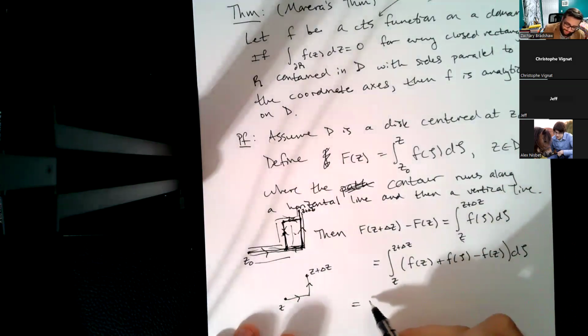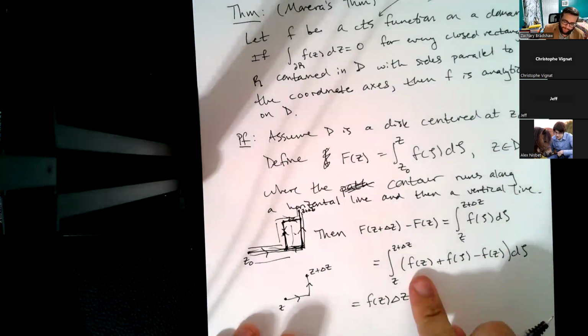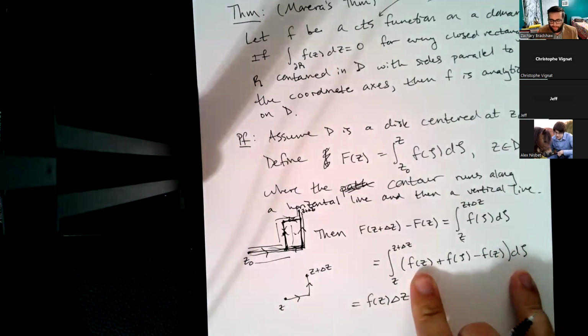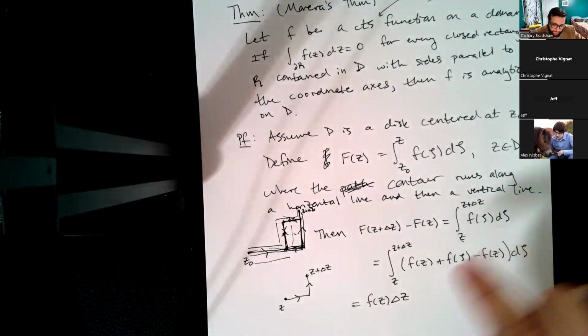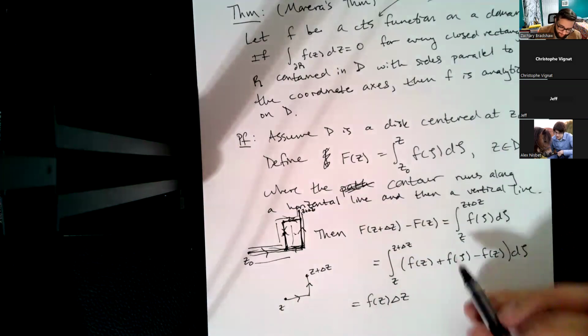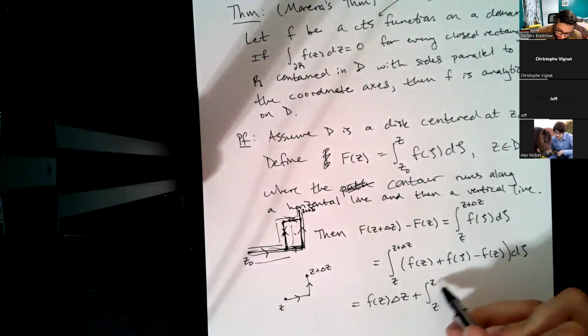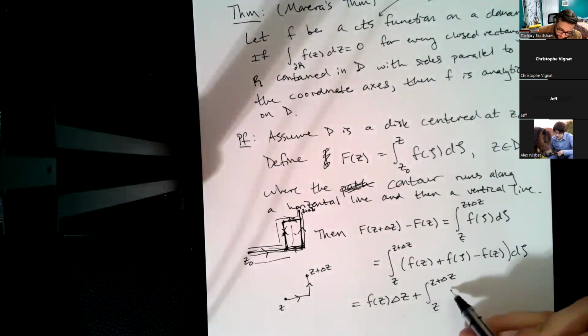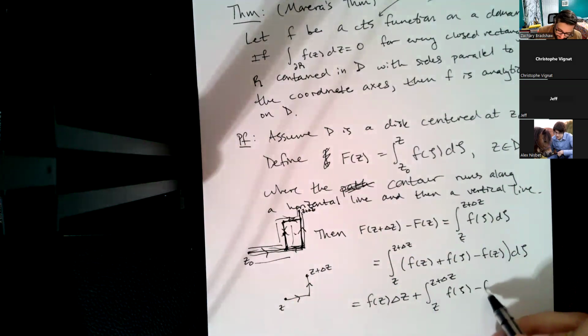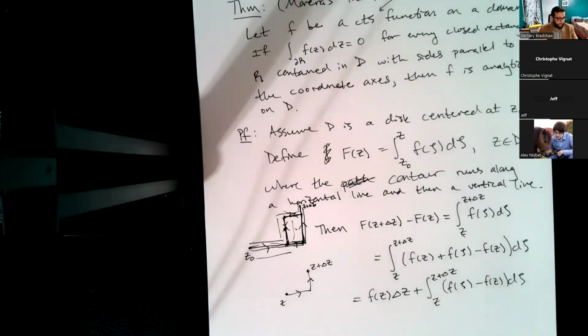So that's going to be f of z delta z, right? Because the f of z doesn't depend on zeta. And so I'm just integrating from z to z plus delta z. Plus the integral from z to z plus delta z of f of zeta minus f of z d zeta.